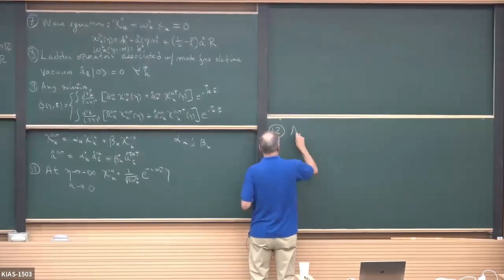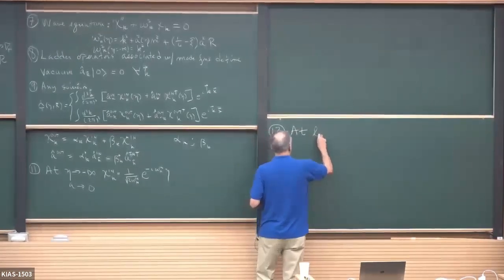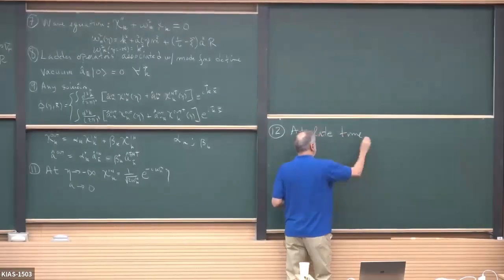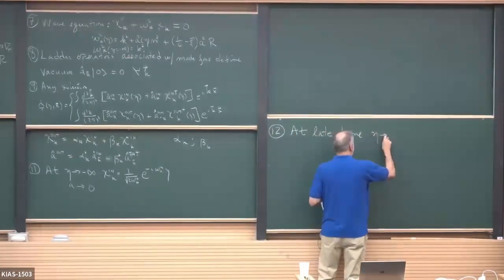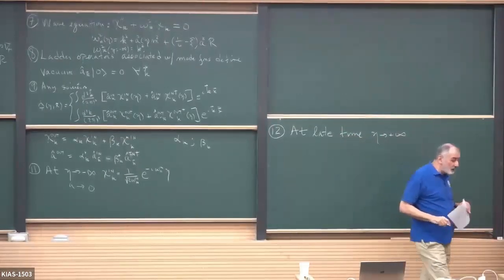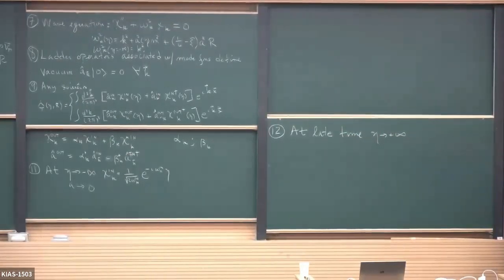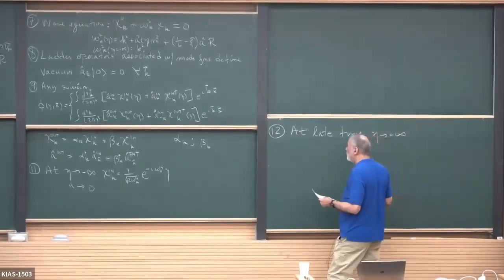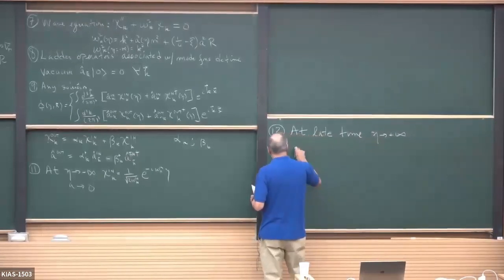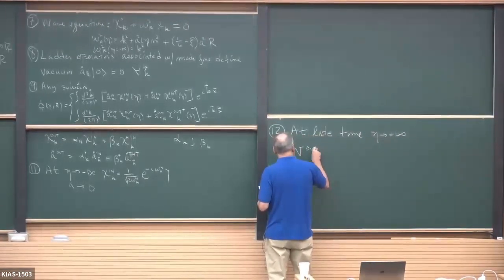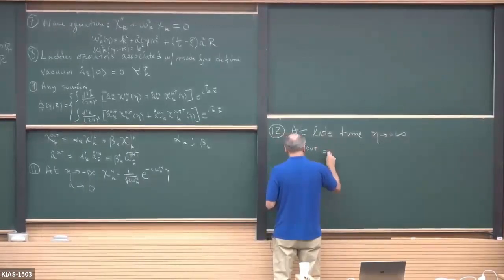So at late time, eta going to plus infinity, well after inflation, there will be an associated number of particles in the vacuum, n out.